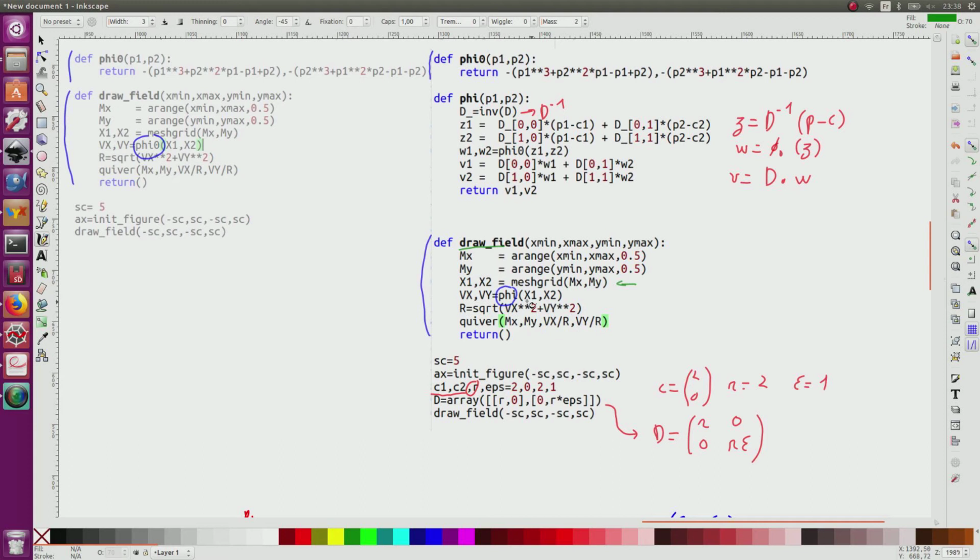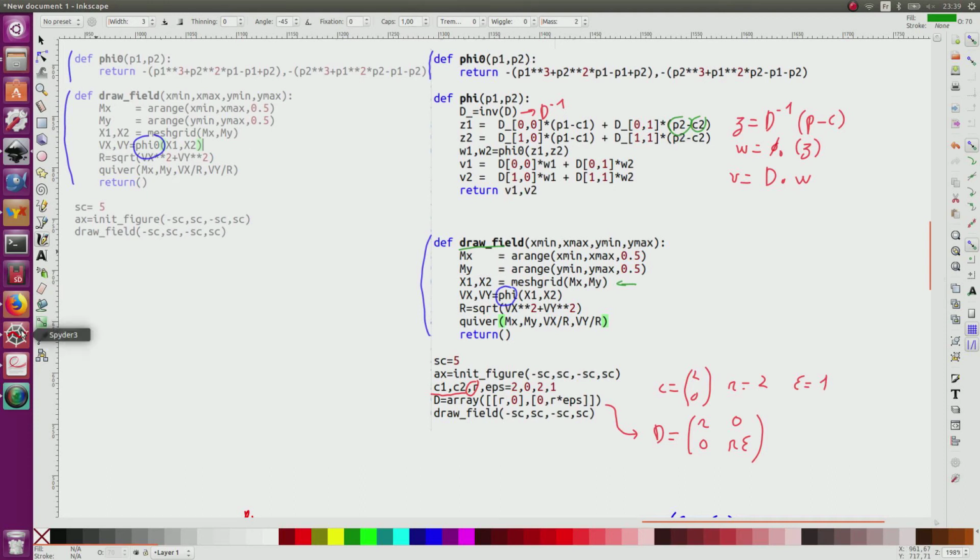Then when I call phi on this gridding, I cannot use the matrix multiplication of Matplotlib. Instead, I have to perform the multiplication by hand, and it is what I have done here, because this and this can be either float or real numbers, or also sampling on my gridding, so matrices.